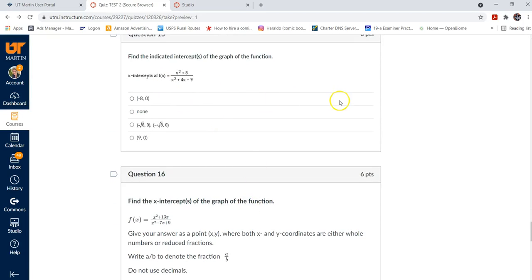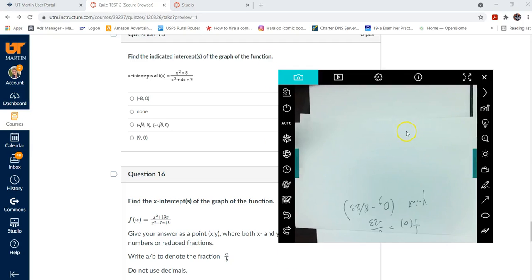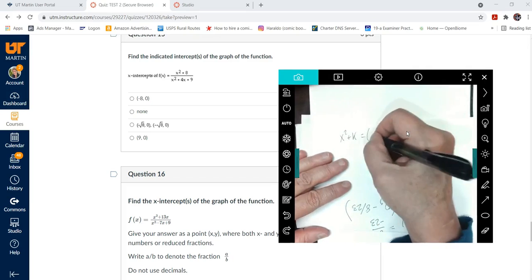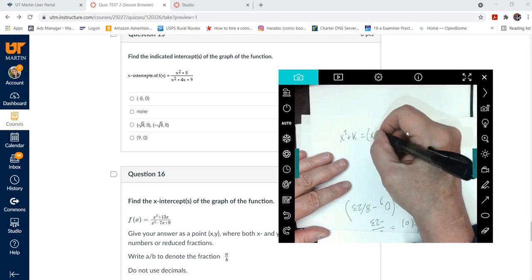All right, now we want the x-intercepts. Okay. X-intercepts are found at real zeros of the numerator after cancellation, and the numerator has no real zeros. So x squared plus a number will always factor, but not over the reals.